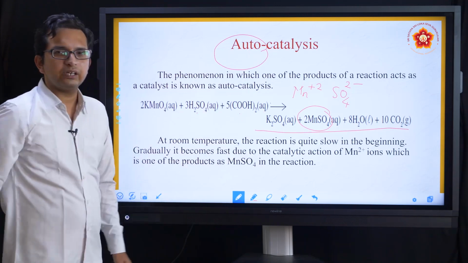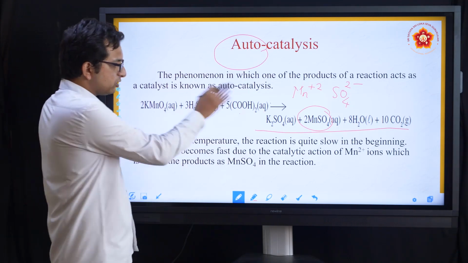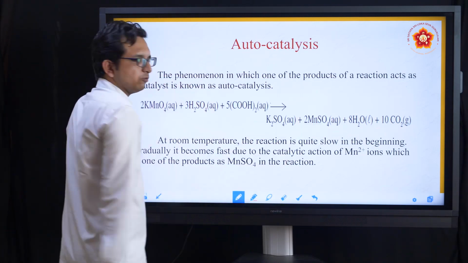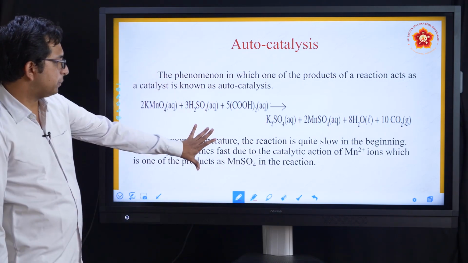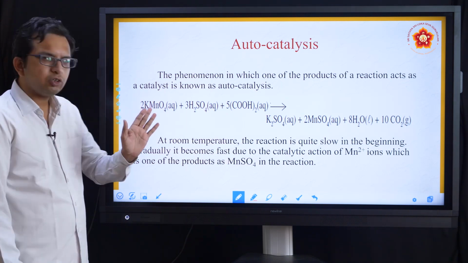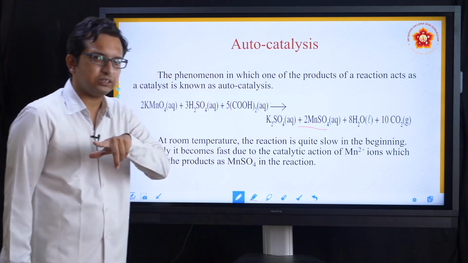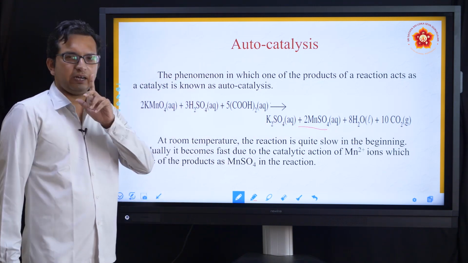Generally auto indicates happening on its own. You are not supplying anything from outside. So this is one example of auto catalyst where you can see that at room temperature the reaction is slow at the beginning because you have just stirred it, but then gradually it becomes fast because one of the products generated can act like a catalytic material.